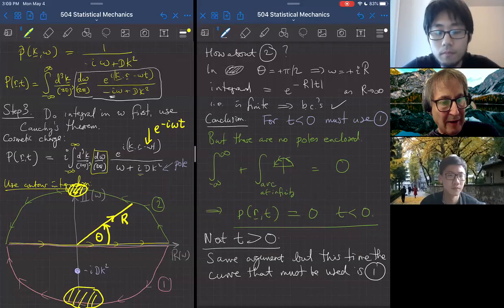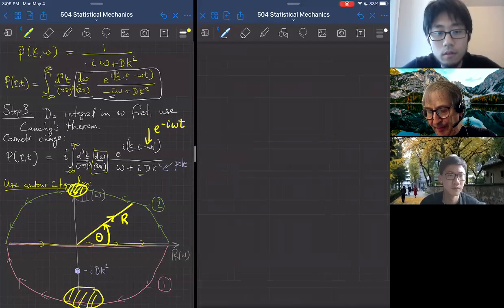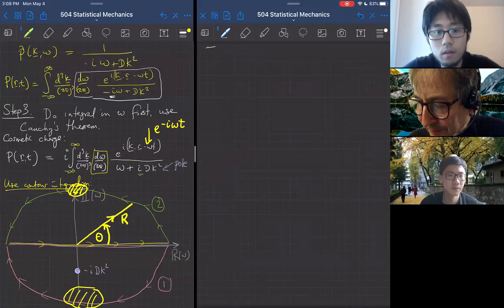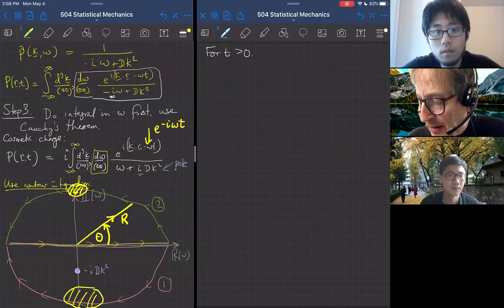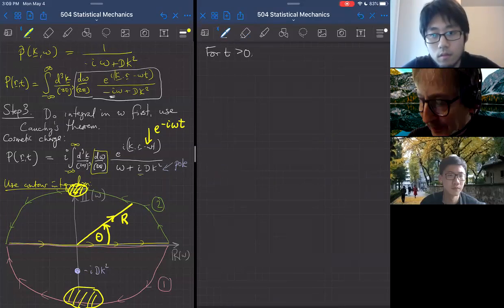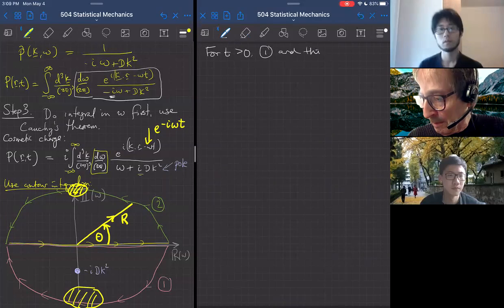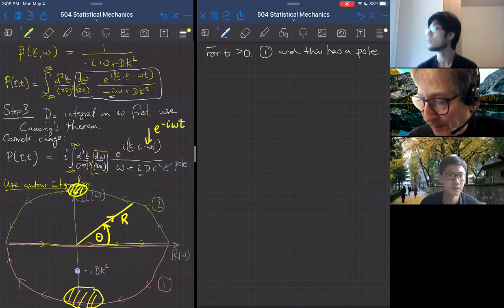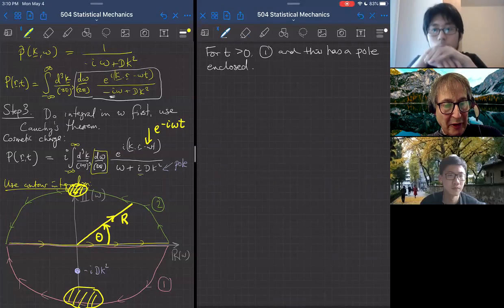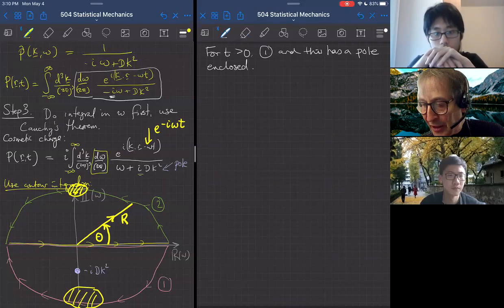And so now what we have to do is evaluate the contour integral. So for t greater than 0, we use contour number 1, and this has a pole. So now we have to compute the residue.